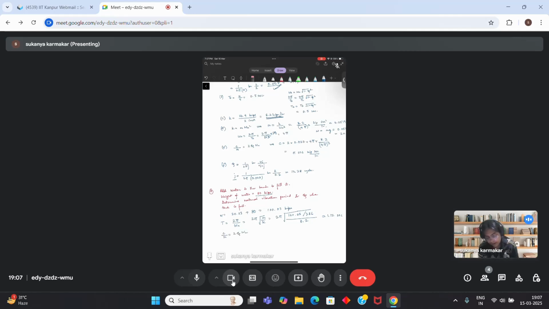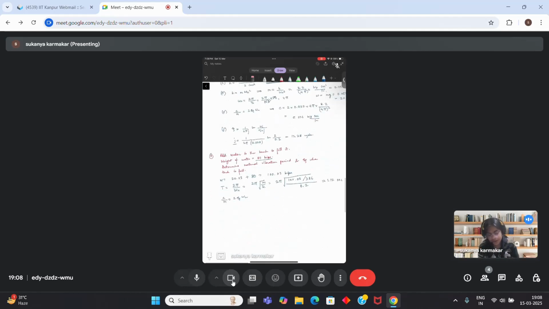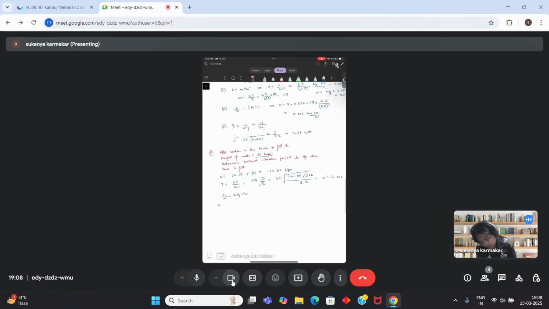Now omega n is changing, so zeta has to change. Will C remain the same or change? C won't change because you are changing the mass of the system. The damping coefficient won't change. So zeta is equal to C by 2 m omega n.